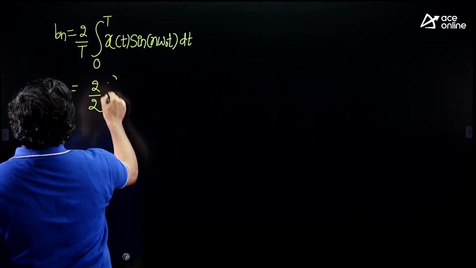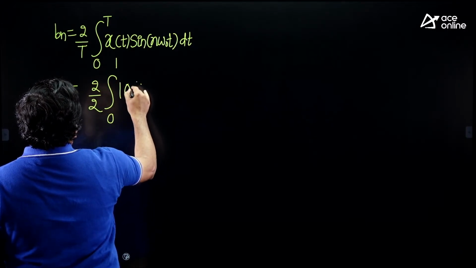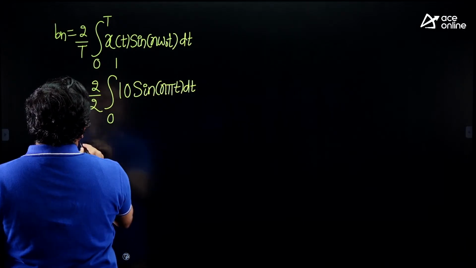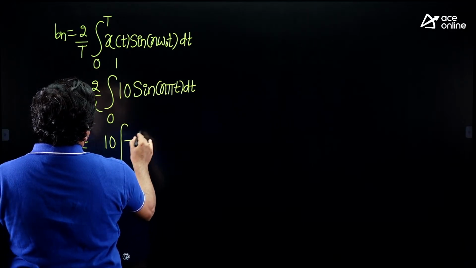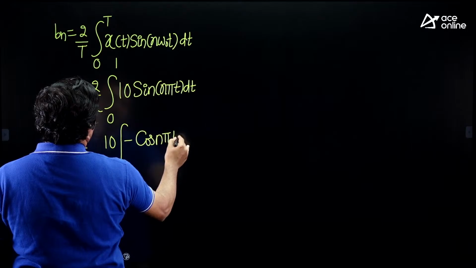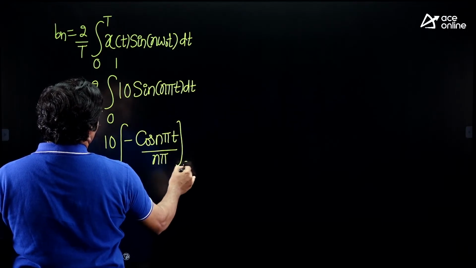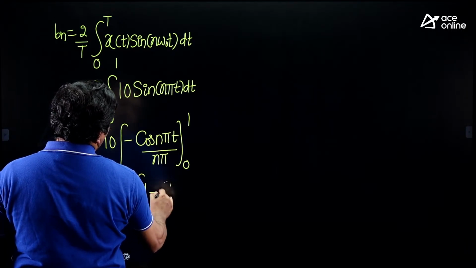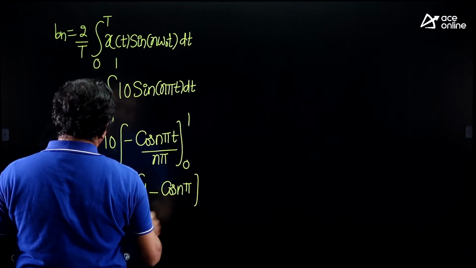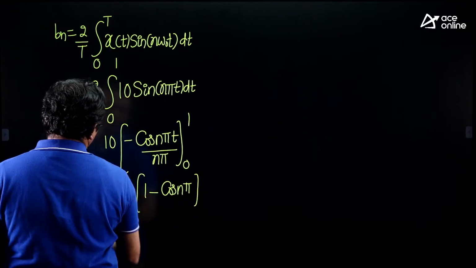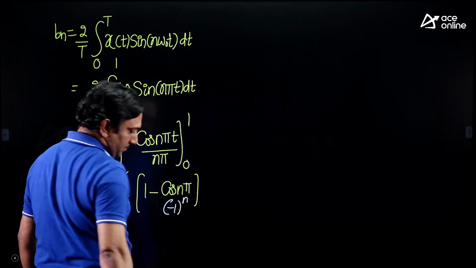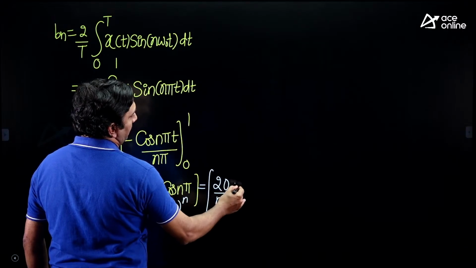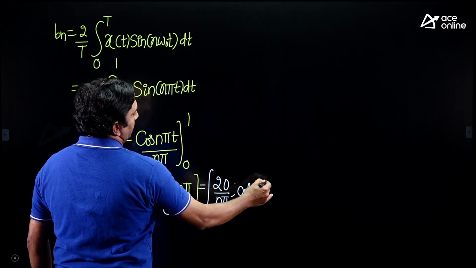So 2 by 2 integral 0 to 1, amplitude of that function is 10, sin n pi t dt. Further, minus cos n pi t by n pi over the limit 0 to 1, so 10 by n pi into 1 minus cos n pi. Of course, the general solution of cos n pi is minus 1 whole power n. So it is simplified like 20 by n pi for odd frequency, 0 for even.